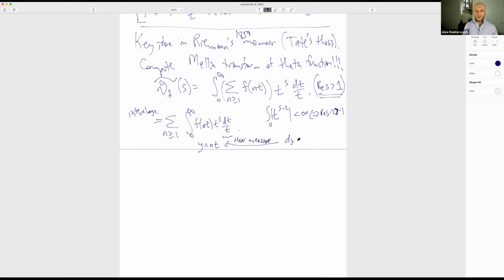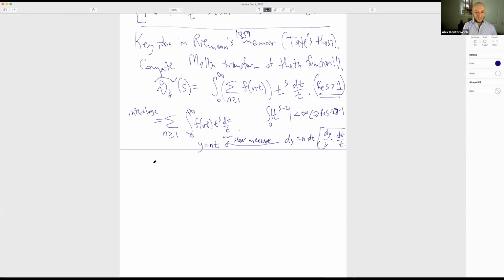So dy is equal to n, a constant bigger than 1, times dt. And so dy over y is n dt over nt. The measure is invariant under the group action. Cool?